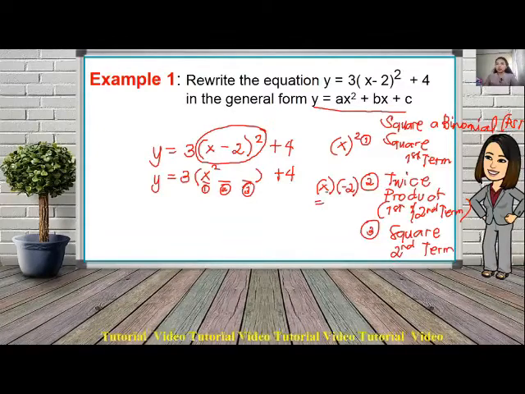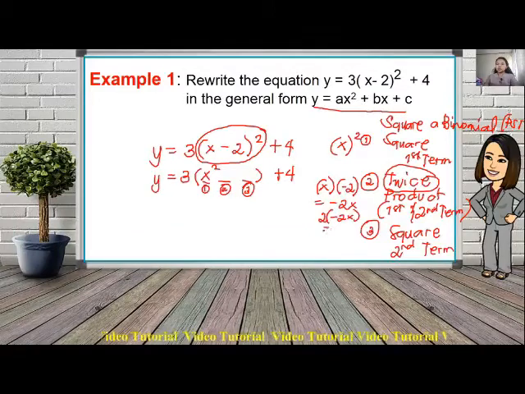After multiplying, this will be negative 2x. But still, we have here twice the product, so we have to multiply it again by 2. 2 times negative 2x, that is negative 4x. So the middle term will be negative 4x or minus 4x. After that, we square the second term for our third term on our trinomial. That's negative 2 squared, and negative 2 squared is positive 4.